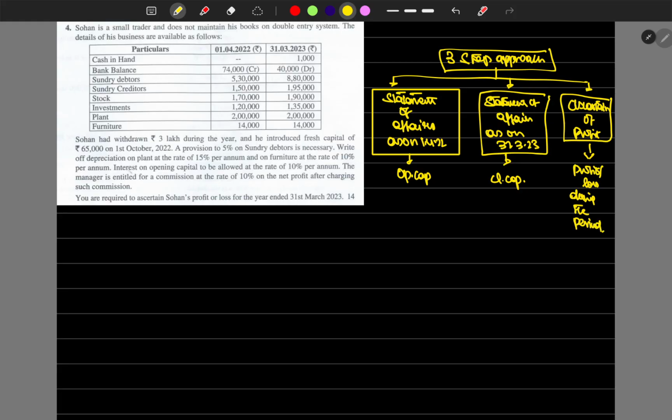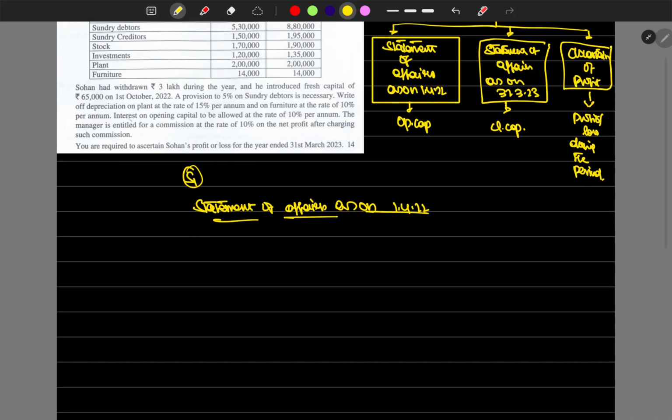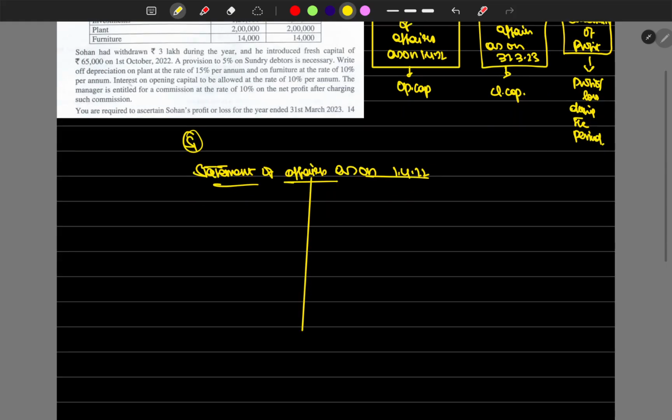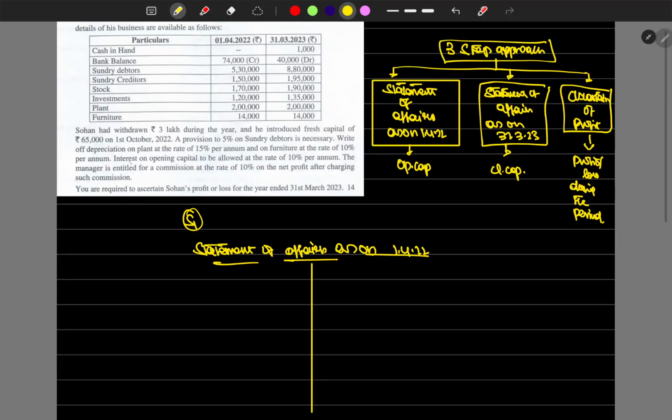Let's quickly open the first step, which is the statement of affairs as on 1/4/2022. What information is given? No cash in hand.